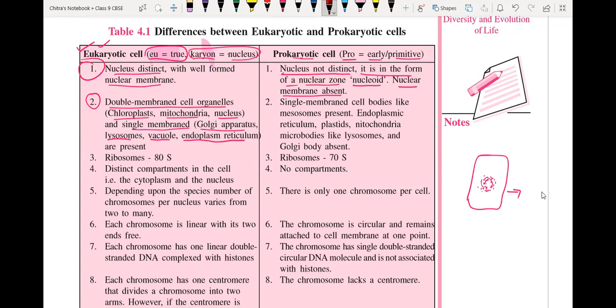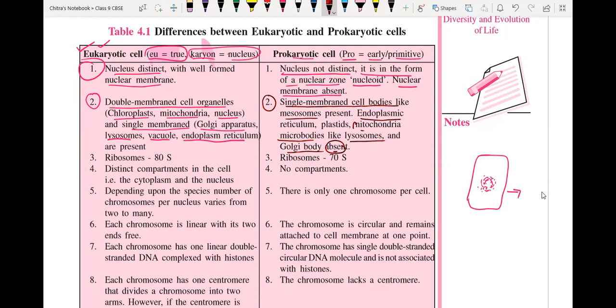Yes, sir. Now, but in the prokaryotic cell, only single membrane cell bodies are present.